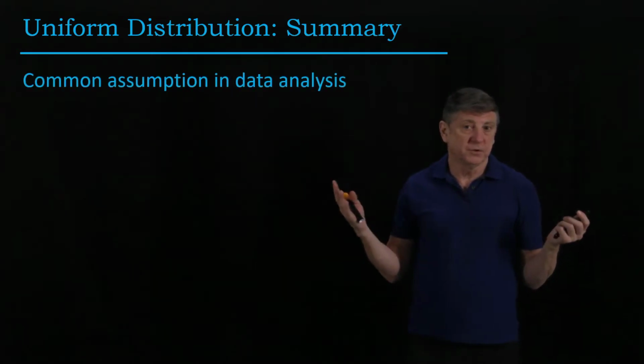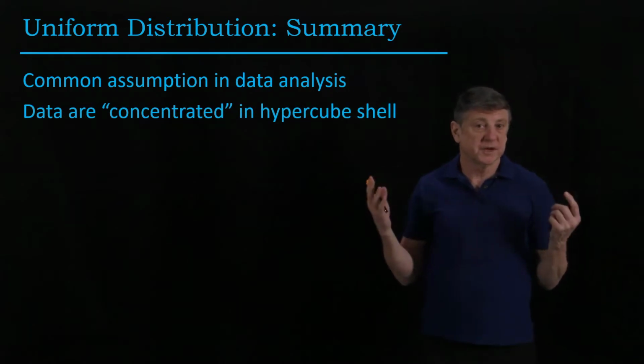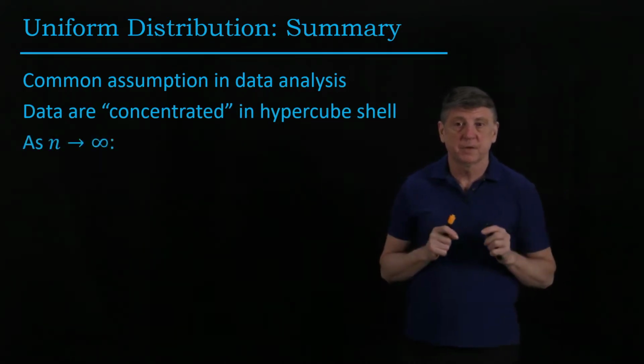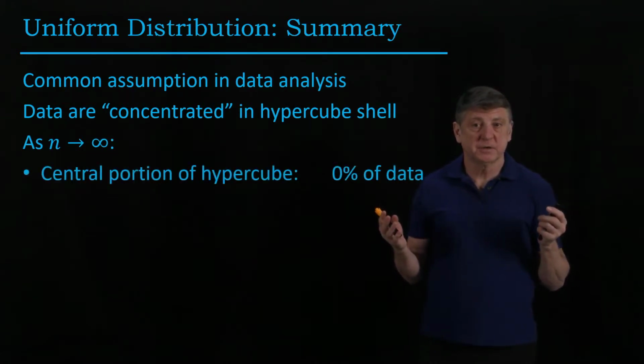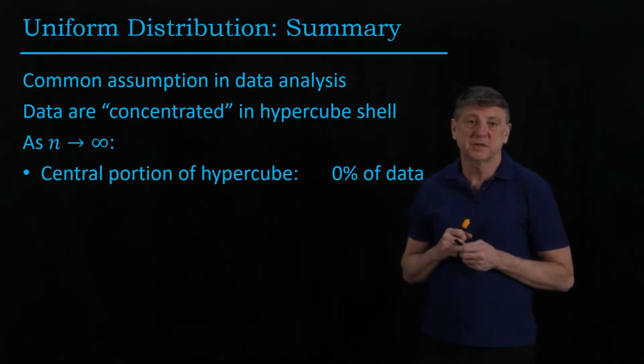Uniform distribution is a very common assumption in data analysis. What we're discovering is that the data are concentrated in a shell of a hypercube. As the number of variables increases, the central portion of the hypercube will tend to contain 0% of your data.